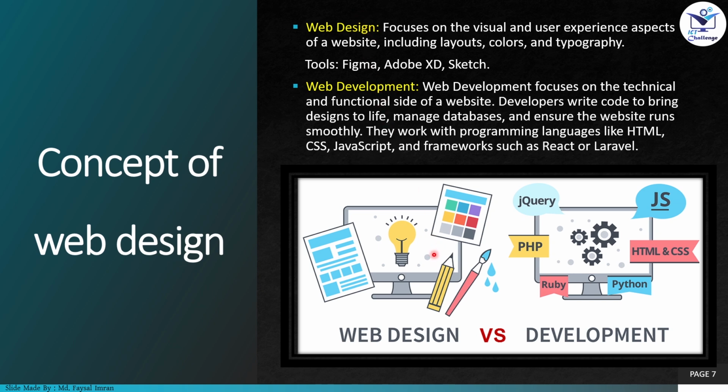And for the development of this web design, you need many languages like jQuery, PHP, Ruby, HTML, CSS, JS. We have many languages for development. We have just a limited list here, and in this chapter we'll learn only HTML from those. Web development focuses on the technical and functional side of a website.